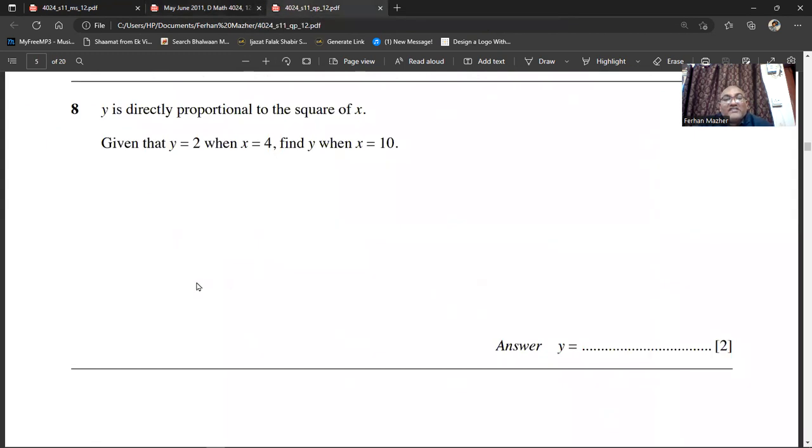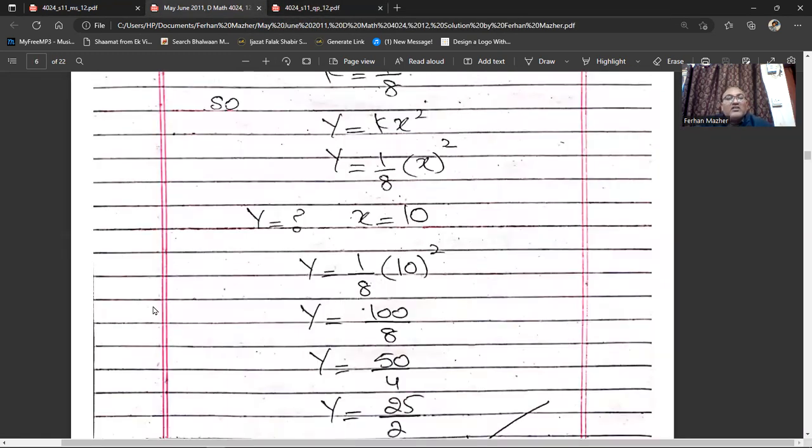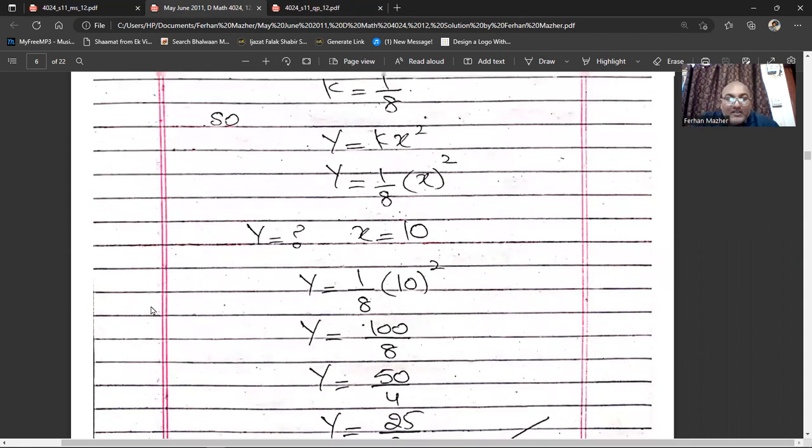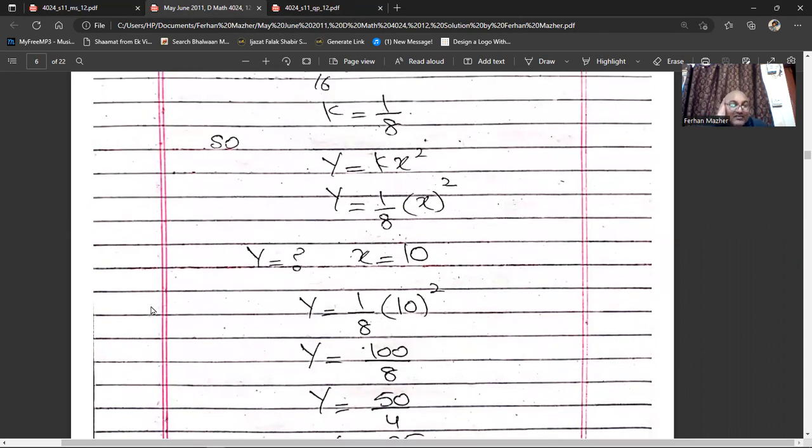The question is to find the value of y when x is equals to 10. So y will be equals to 1 by 8 into 10 raised to power 2, because the formula is y is equals to 1 by 8 into x square. So 1 by 8 into 10 square, so y will be equals to 100 by 8.